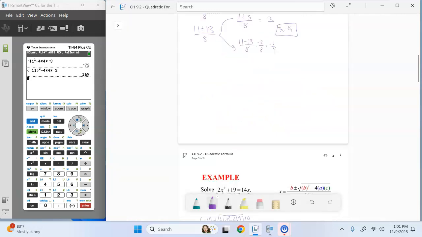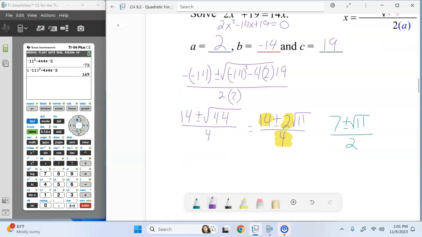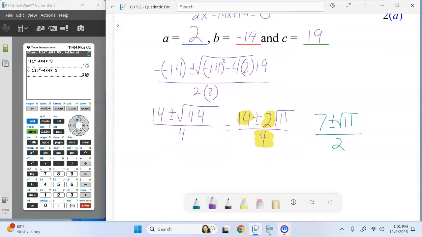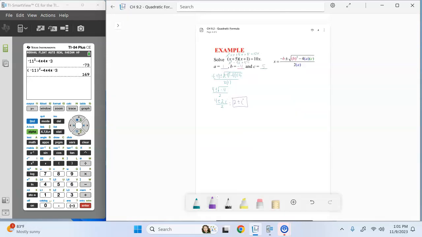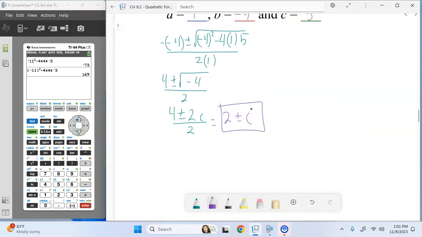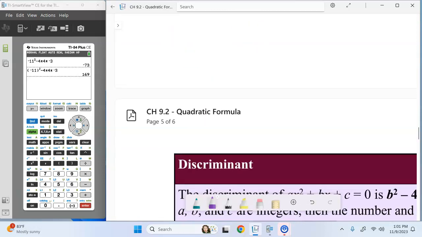If we have a positive number that we can't square root, we end up with 2 irrational solutions. If we have a negative number, we get 2 imaginary solutions. The only one we didn't have today is if our discriminant was 0.